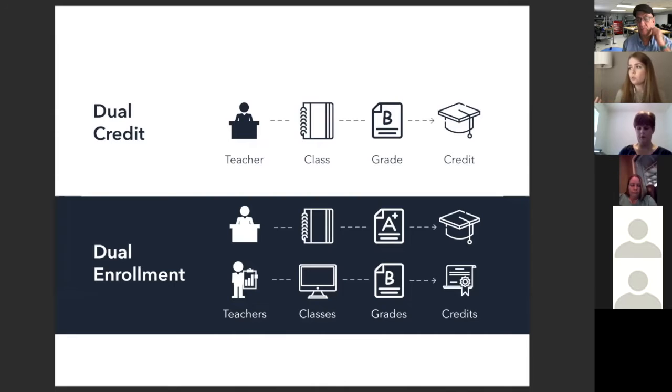Instead, in our dual enrollment model, we're going to see the students leave this experience with 2 grades and 2 different distinct high school and college experiences. So an easy way to break down what's happening on the high school side versus what's happening on the college side is to ask yourself, what would a college student do to prepare for their upcoming exam or project outside of the classroom?